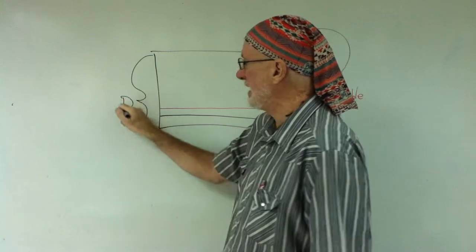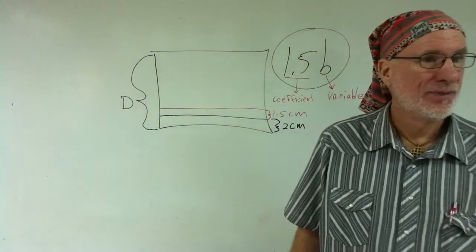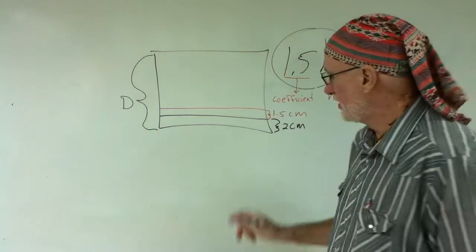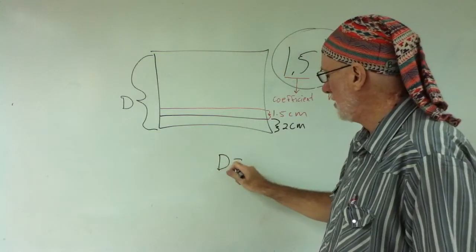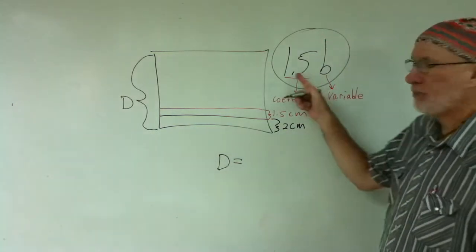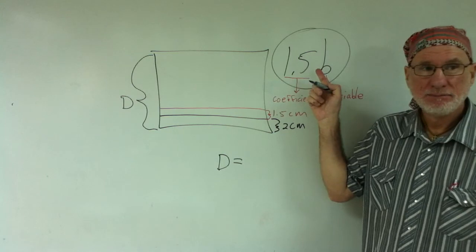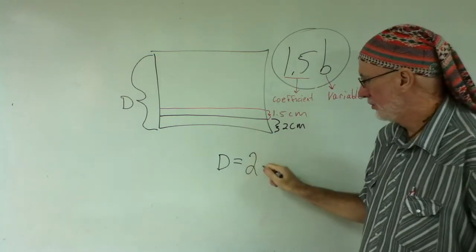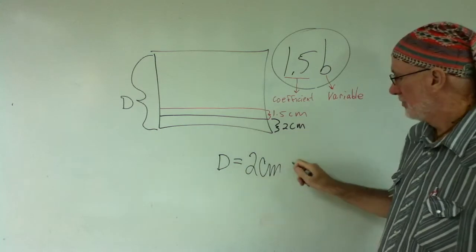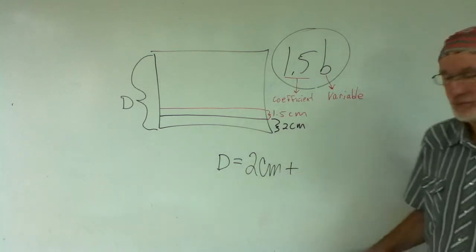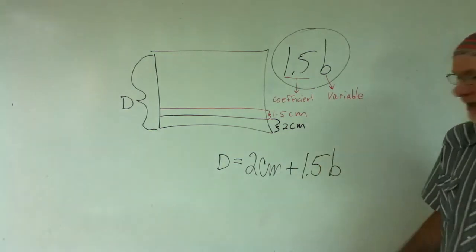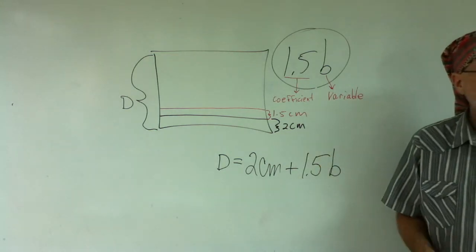That's D. So it's D equals what? 2 plus 1.5B. Don't forget your centimeters. 2 plus 1.5B. You get it? Yes?